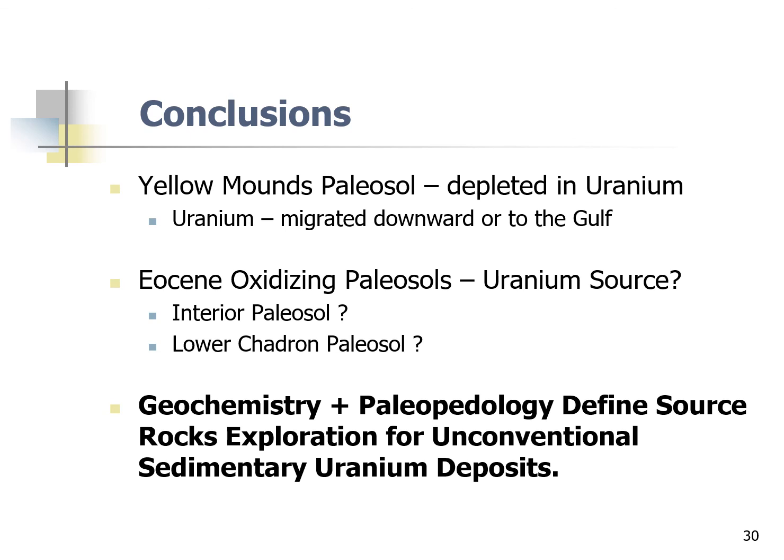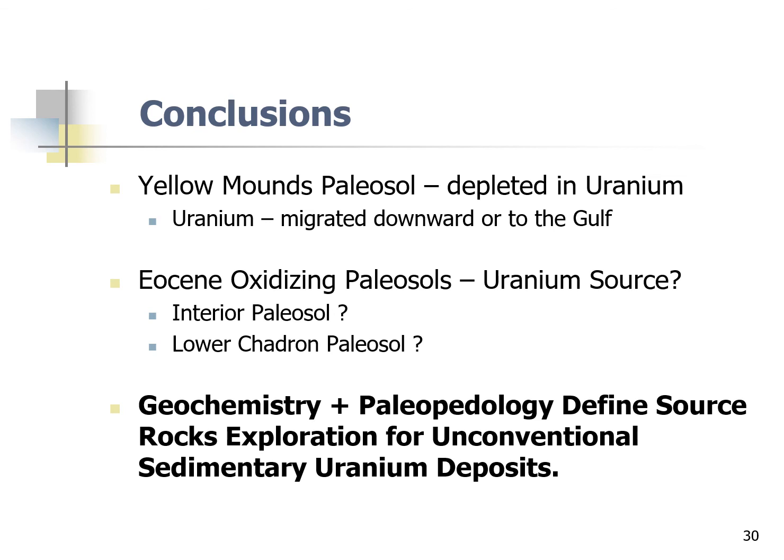What we have shown is that the Yellow Mounds paleosol is depleted in uranium with respect to the Cretaceous Pierre Shale. The uranium was leached out, it migrated downward and was precipitated out at the top of the unweathered Pierre Shale, or it ran off into surface streams and ran into the Gulf of Mexico.